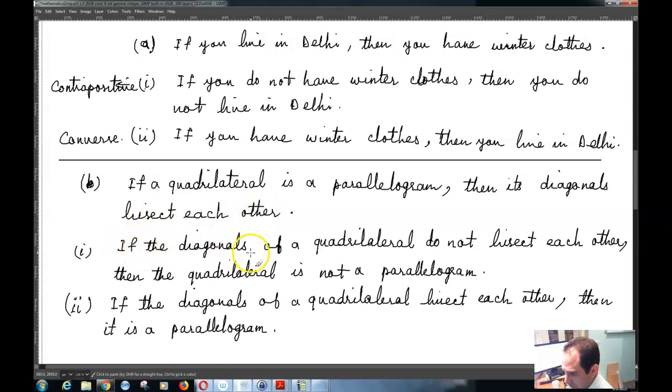The first sentence says if the diagonals of a quadrilateral do not bisect each other, then the quadrilateral is not a parallelogram, which is the contrapositive of B. And here we have, if the diagonals of a quadrilateral bisect each other, then it is a parallelogram, which is the converse of B. So that's contrapositive and converse.